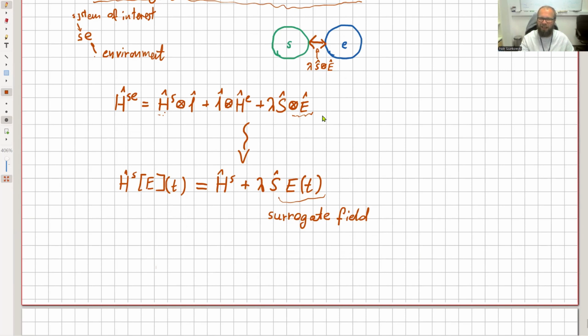So we want the real system S dynamics generated by this Hamiltonian, by real coupling with real environment, to be indistinguishable, at least within some good approximation, from the dynamics generated by this surrogate Hamiltonian, that uses a stochastic process rather than the real environment, and replaces the influence from the real environment with this effective surrogate field.